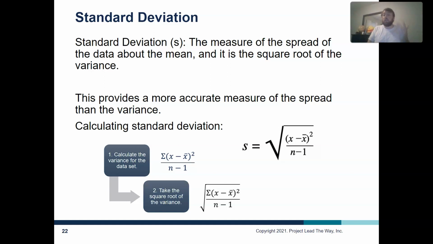And this is going to be the square root of the variance, meaning that all we need to do is the same stuff we just did, calculate the variance of the data set, and then just take the square root of that number, and that should give us S, our standard deviation. That's why that last one was S squared, because variance is just the square of standard deviation. Now we just take the square root to solve that problem.